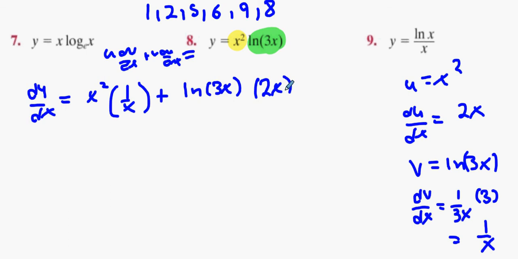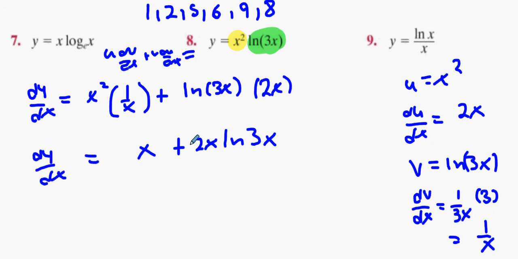Now, this 2x is not allowed multiplied by the ln 3x, is it? Where does it have to go? To the front. And that just leaves x there, doesn't it? So what's the answer? Done. Doesn't look like a proper answer, does it?